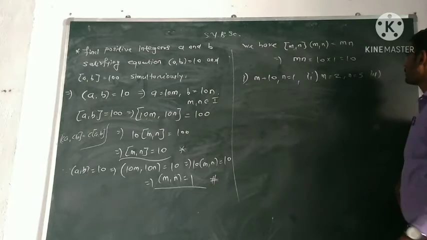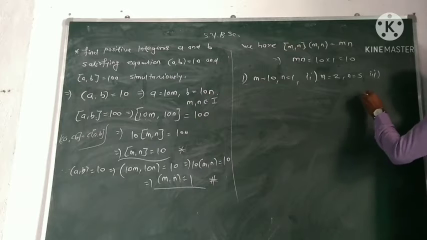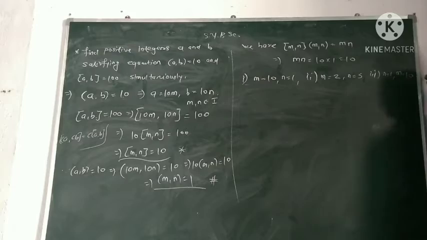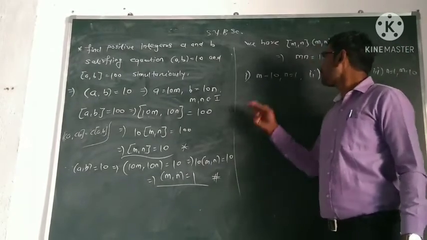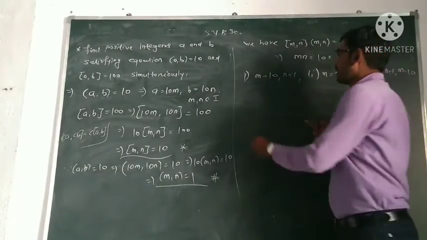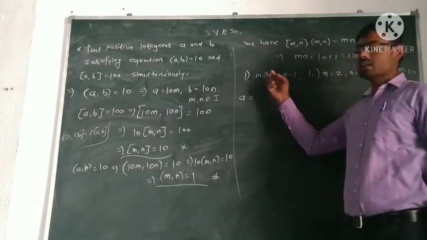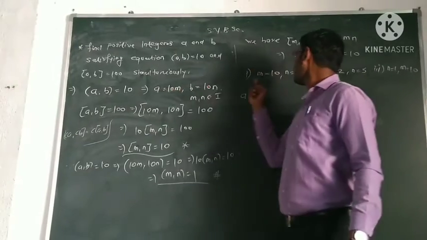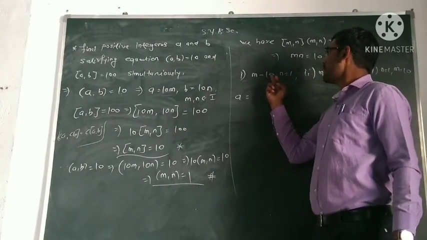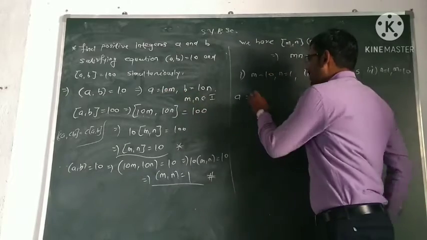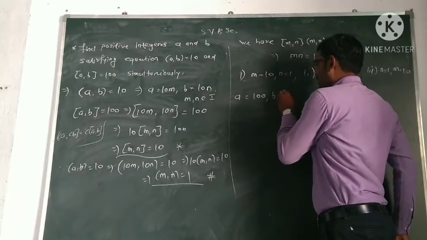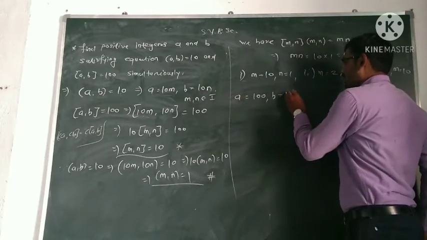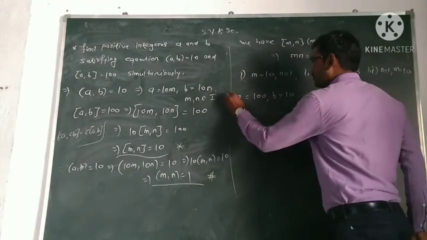Third possibility is N is equal to 1, M is equal to 10.